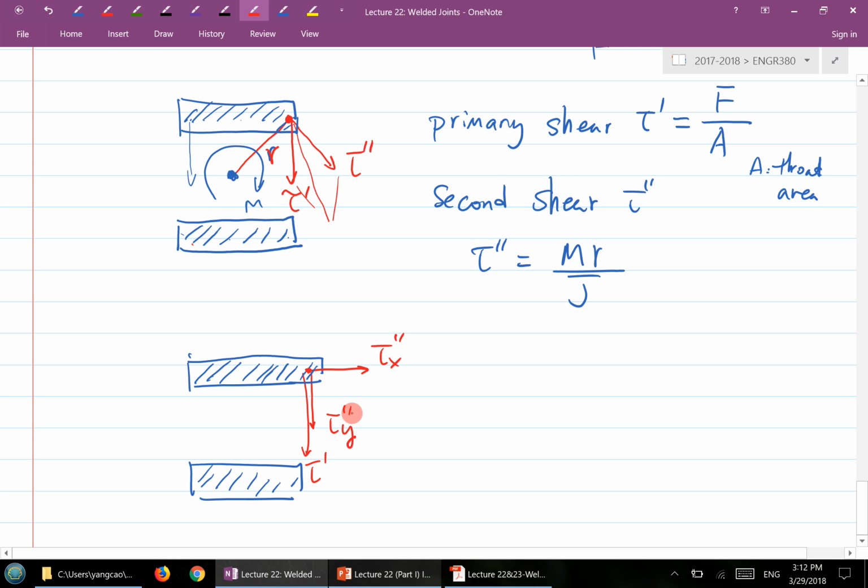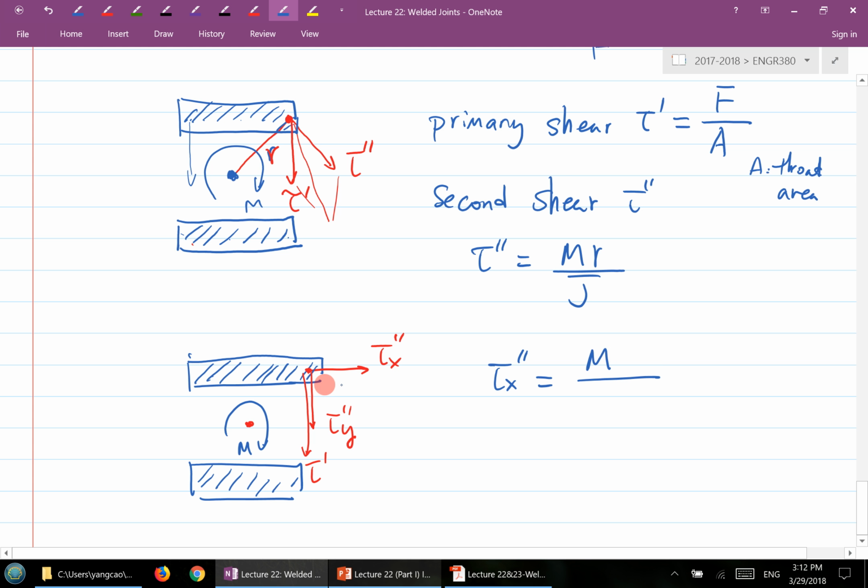If this is the centroid here, how would I calculate tau x double prime? Here's the bending moment, here's the torque. How do I calculate tau x double prime based on the torque M? It's still M times a radius, right? But which radius now? Previously this radius r.